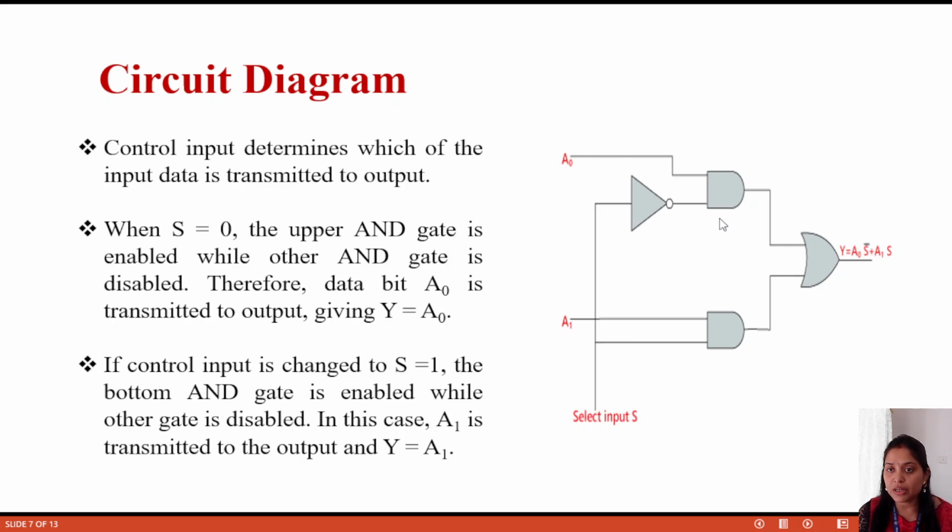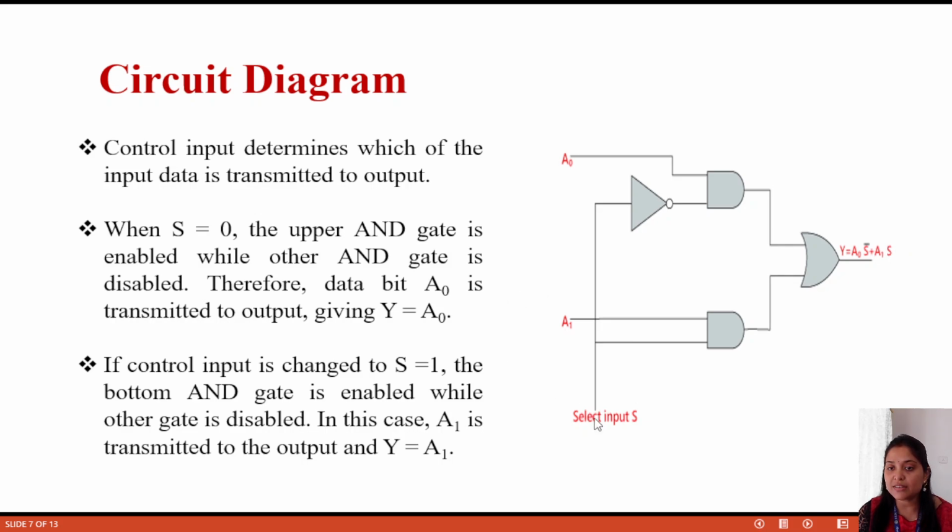So only this AND gate will actually work. The other AND gate will not work, because S is 0, and all of you know, if one of the inputs of an AND gate is 0, the output will be 0. So when S is equal to 0, only the A0 S bar combination works, that means A0 data will pass to the output.